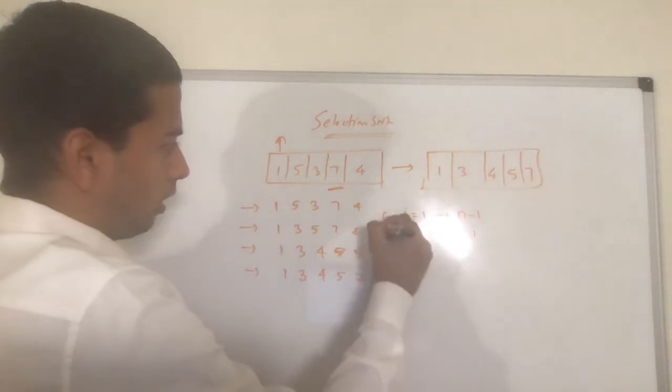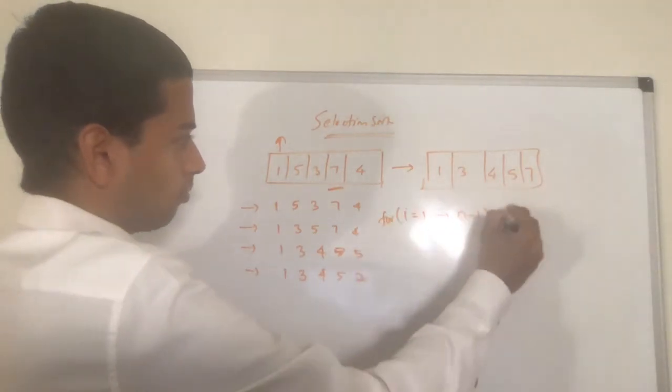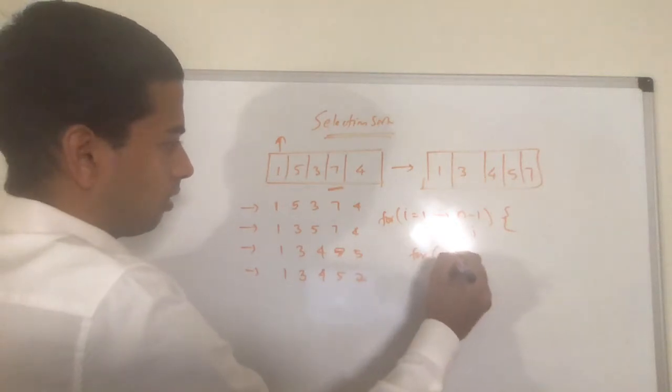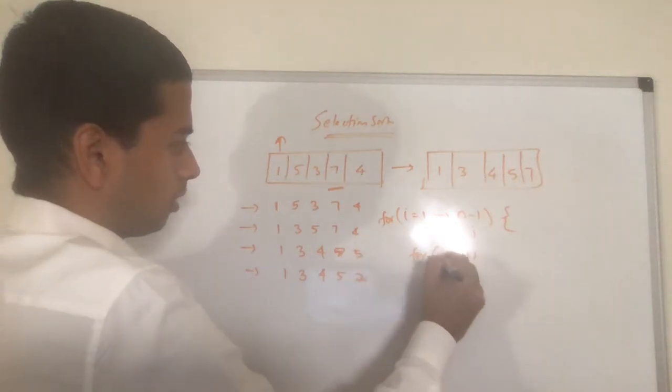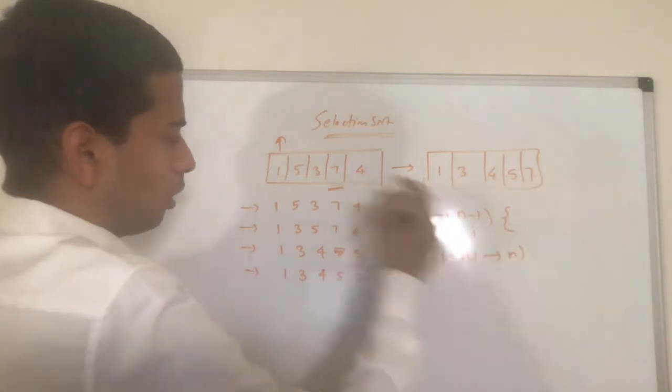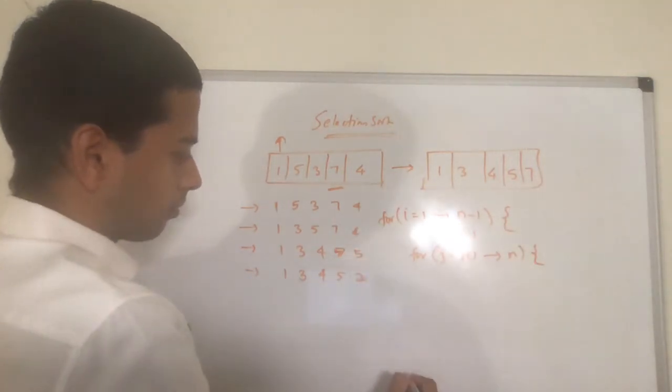Now I'm doing this comparison for all the elements from I plus 1 all the way up to n, up to the last element.